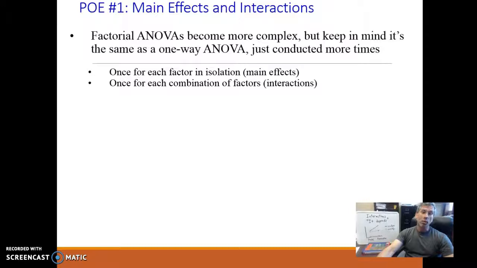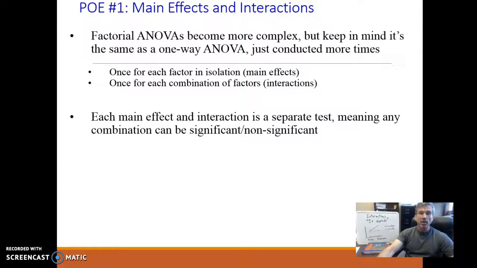You get one F ratio, one possibly significant result, for the combination of factors, whether one factor is altered by the level of the other factor. So its influence isn't direct, it is altered based on the level of that other factor. Each one's a separate test. Any combination can be significant or non-significant. All main effects and interactions could all be significant at the same time.